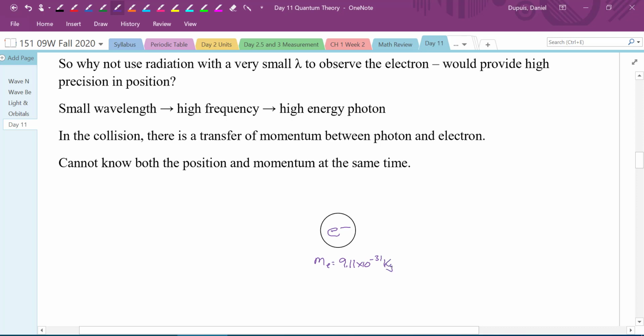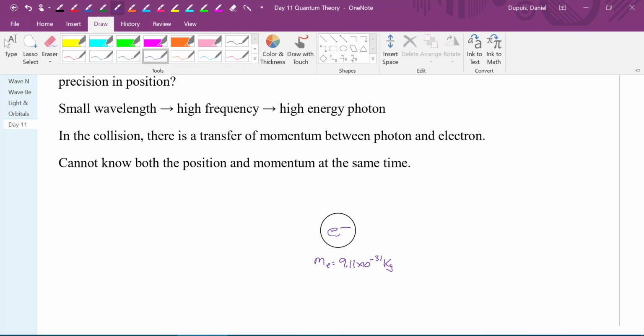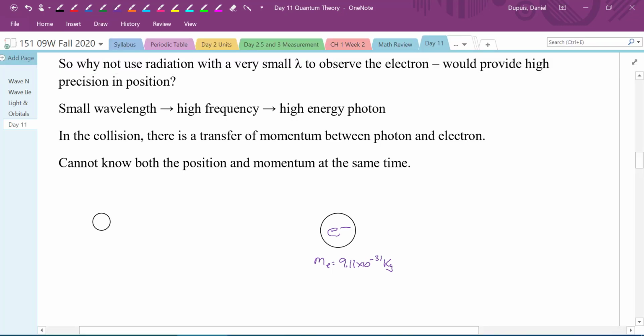That's the mass. Here comes my photon, and it's coming in. Boom. Observed, right? You got a hit. We got a collision here. Well, it turns out to be a huge collision, right?